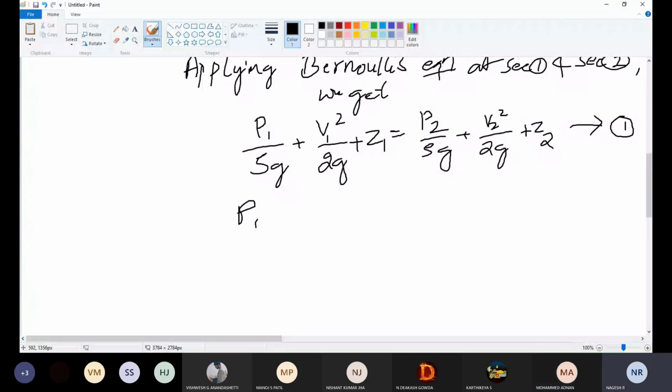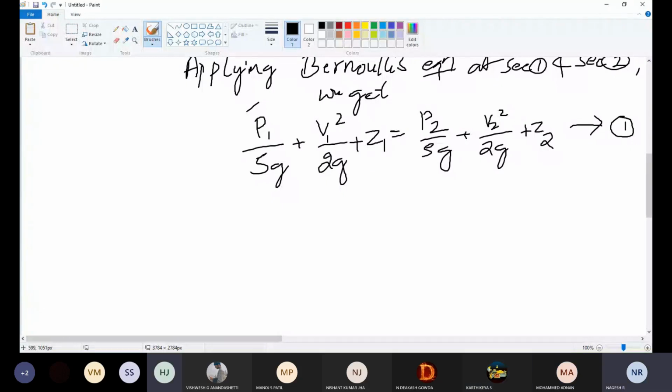Okay. See now, this is the main formula. P1 is given in the problem. Rho is given because water is flowing, 1000. We know g is 9.81. Is V1 given?